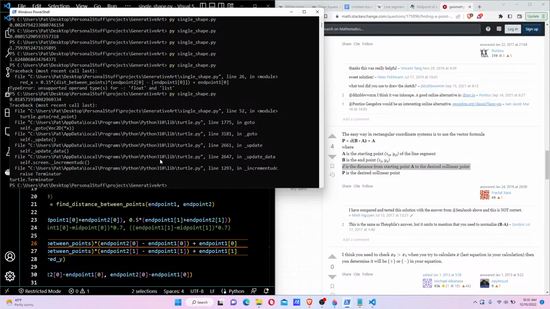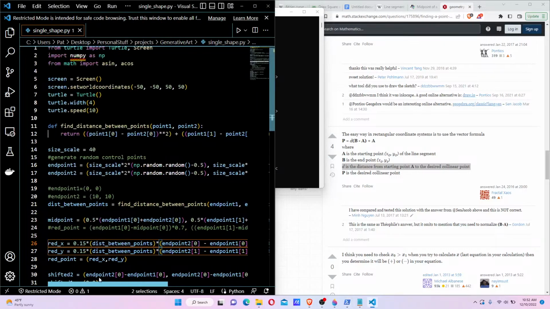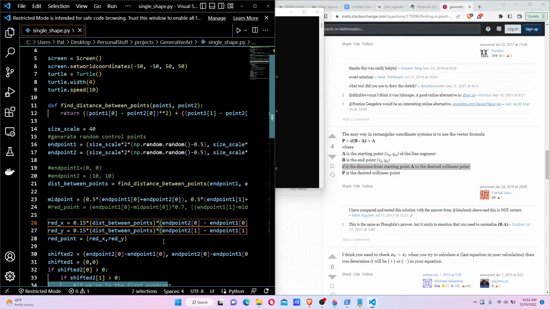Line 293. Turtle dot go to red point. Red point is equal to red x, red y.